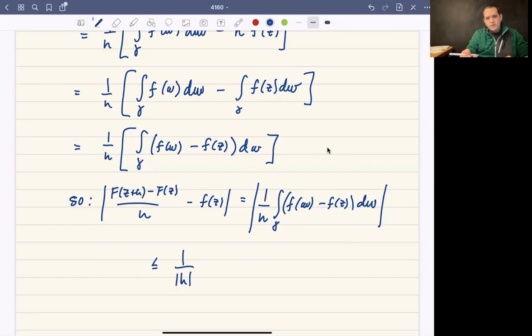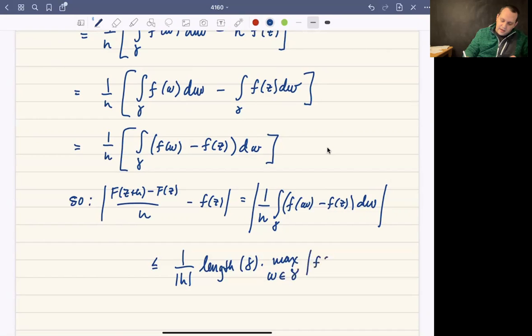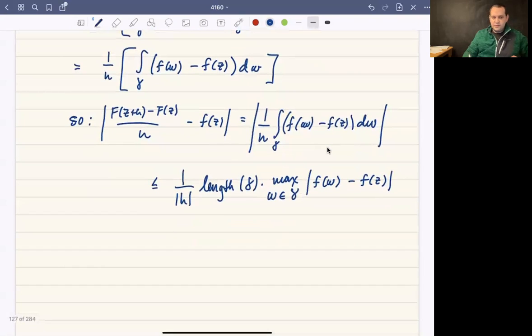And moreover, we know that we can bound that by the length of gamma times the maximum value of the integrand. So this is going to be the maximum value over w in gamma of the modulus of f of w minus f of z, whatever that largest value is. And this is what we need to deal with now.